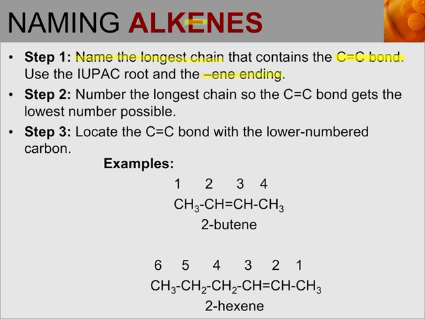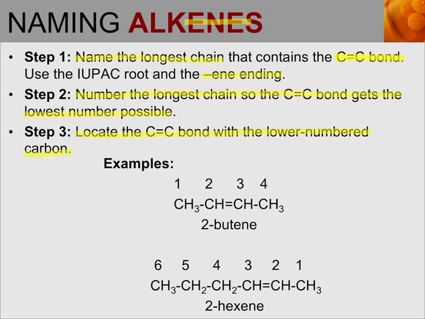So that just comes from ENE alkenes. Then we're going to number the longest chain so that the CC double bond gets the lowest number possible. And we're also going to locate the CC bond with the lower numbered carbon.